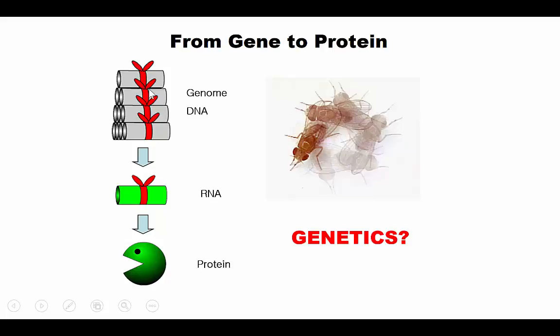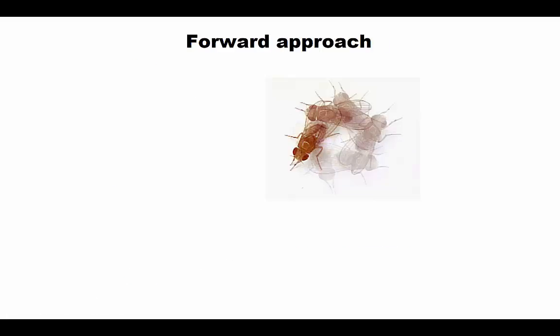Then how can you connect this gene's sequence, in other words the genotype, to the phenotype? There are two approaches. The first approach is, let's say we have a phenotype, and then somehow we disturb it. The conventional method was to give very high energy to life forms.